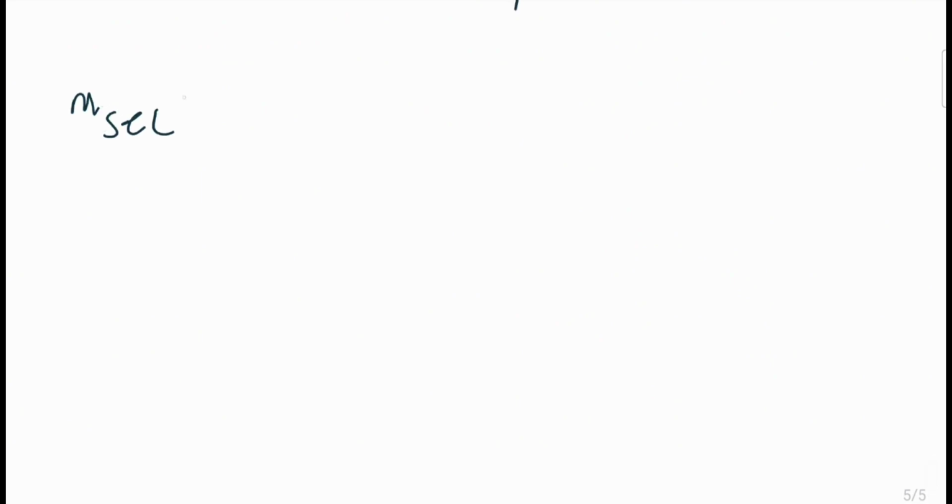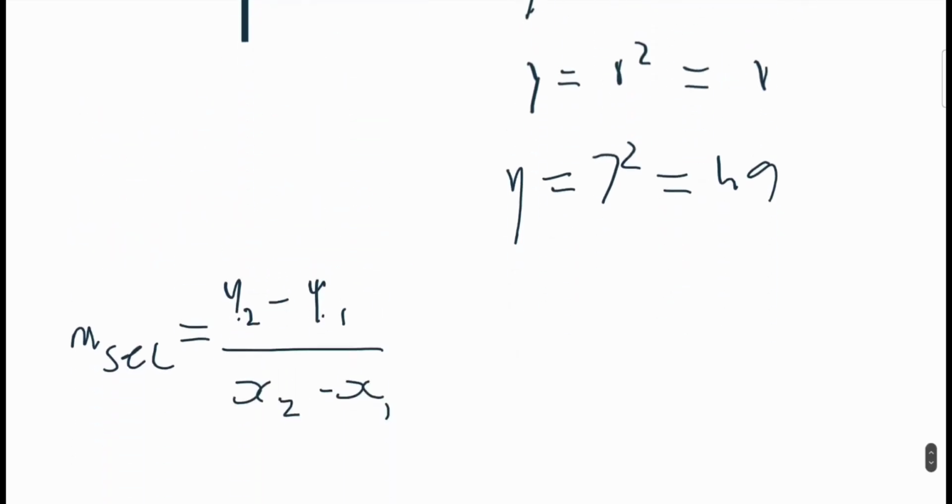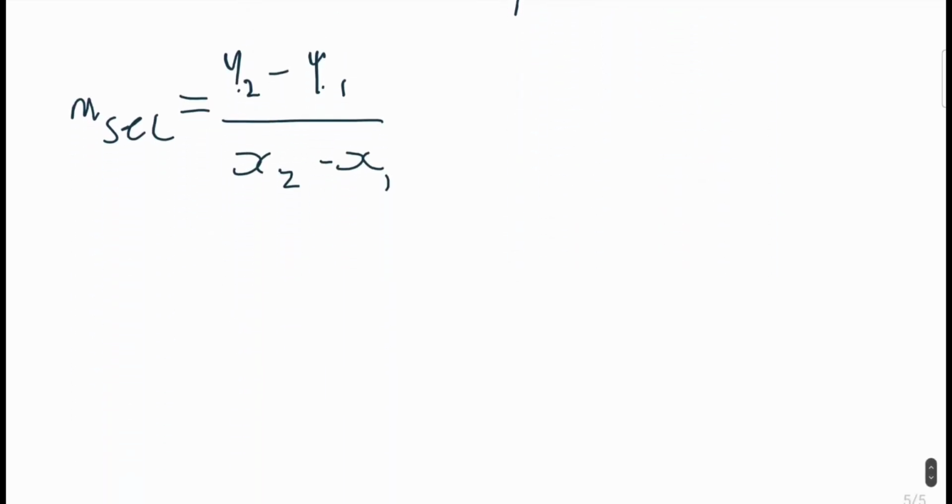Great. Now we're going to use our equation. So this will give us the slope of the secant line. y2 minus y1 over x2 minus x1. Great. Now we're going to plug in our y values and our x values.